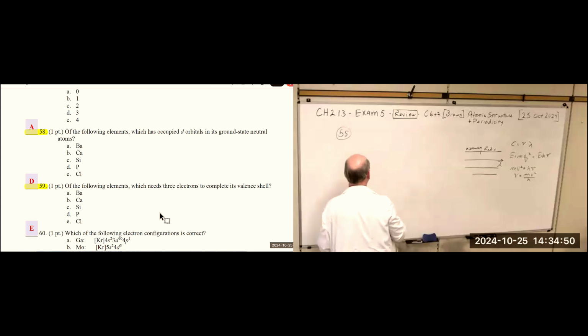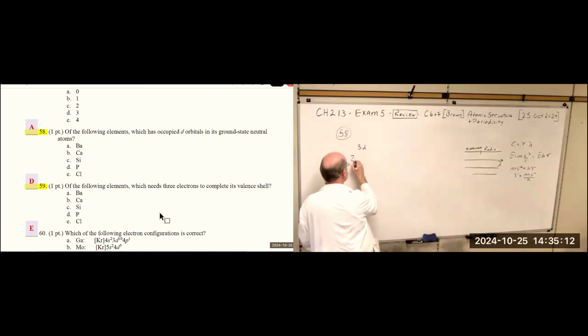All right, so if we're going to have d orbitals, the minimum atomic number is 21. You've got to have 21 or higher, because 21 is scandium. That's where the first d's start. So for 3d, that means Z has to be 21 or greater.